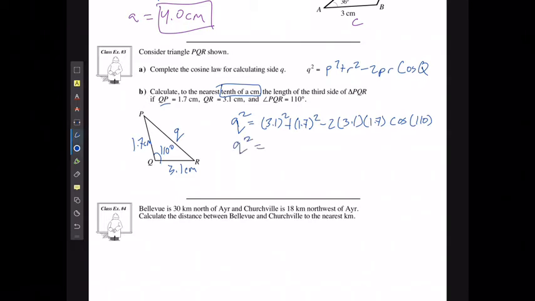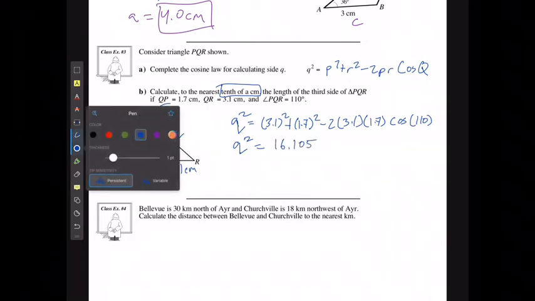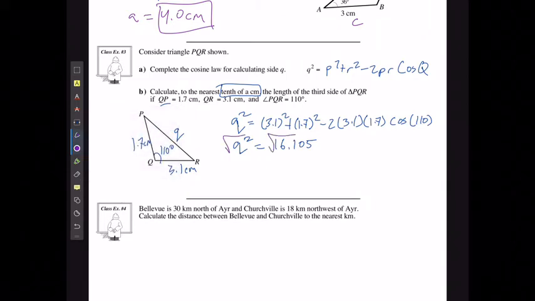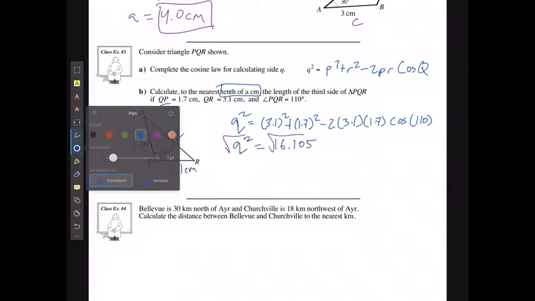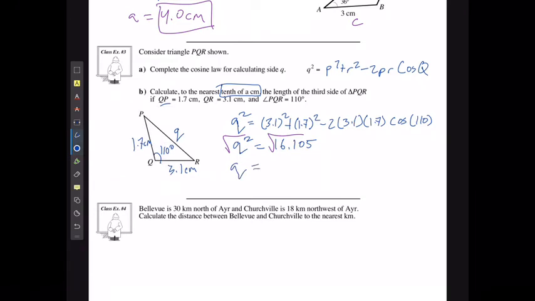Q squared is going to equal 16.105, and then I square root both sides. That means that Q is going to equal 4.0 centimeters approximately.